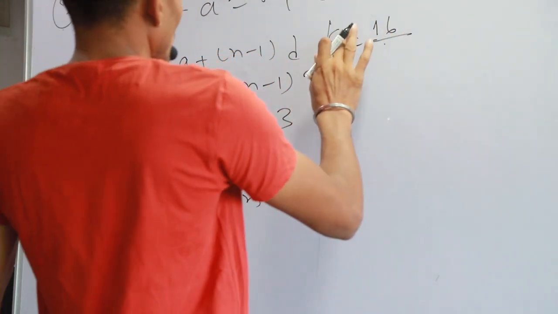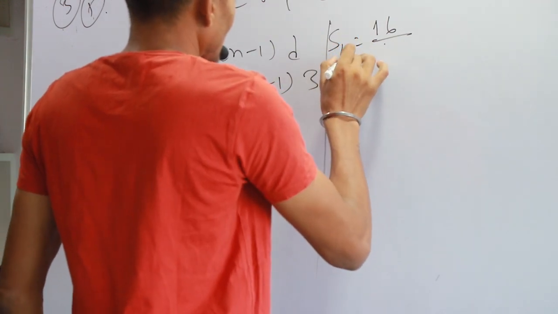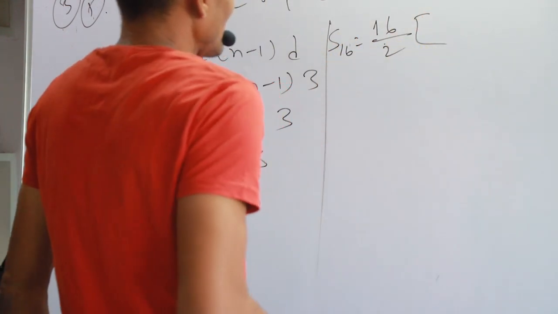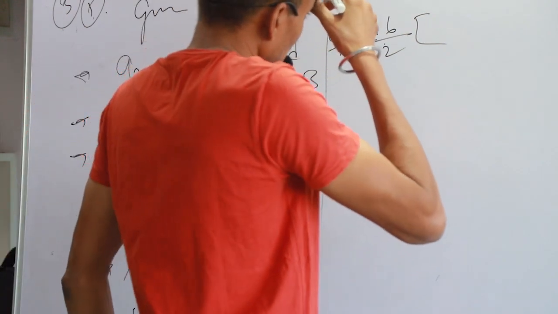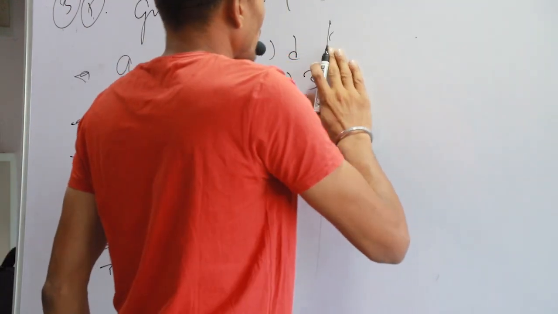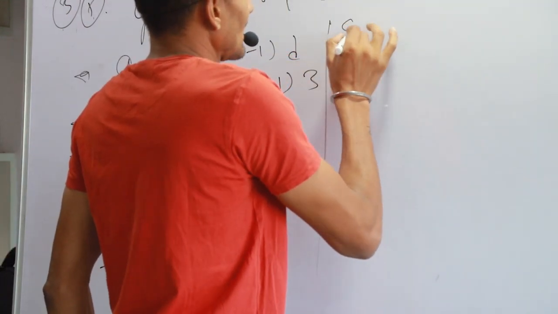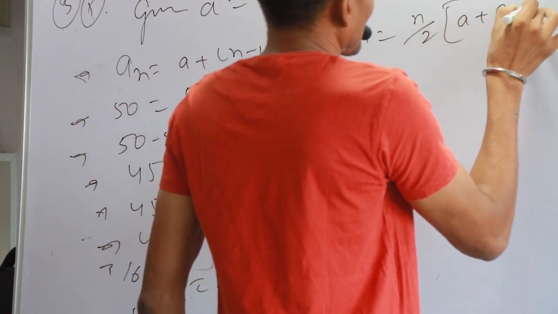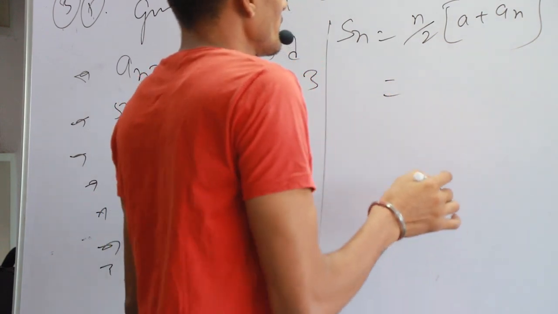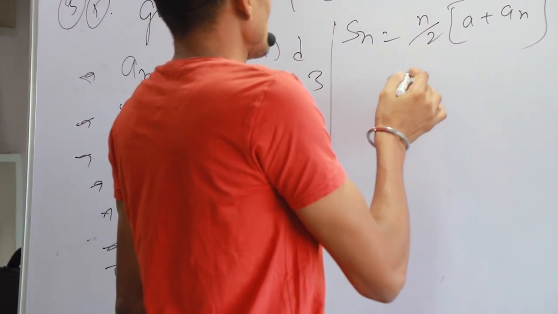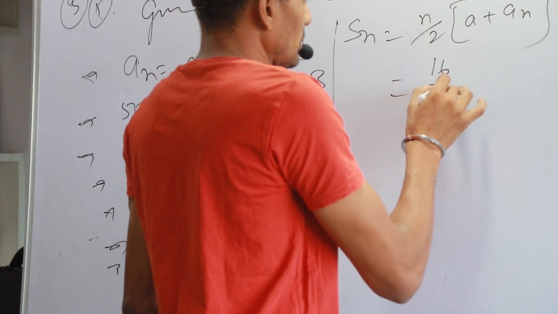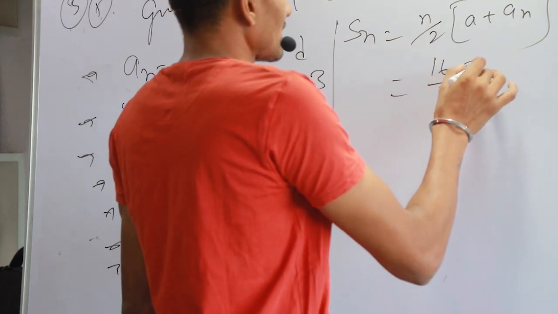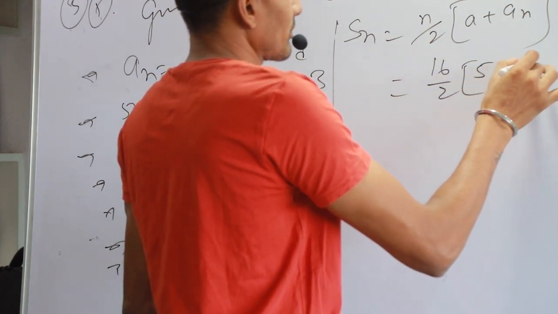So Sn equal to 16 by 2. n equal to 16, so we have to find out S16. Directly we can use that formula, Sn equal to n by 2 into a plus an. What is the value of n? That is 16, 16 by 2. What is the value of a? That is 5 plus an, which is 50.